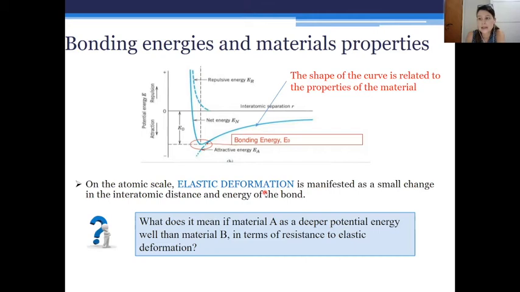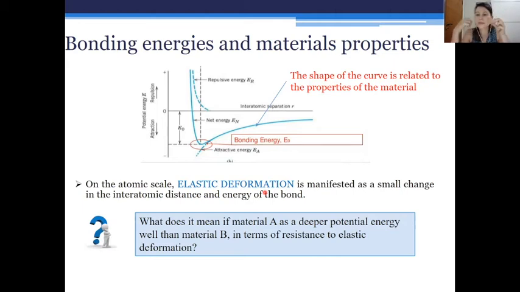So what is elastic deformation? During this class, when we talk about mechanical properties, we will go deeply into the understanding of elastic deformation, but basically it is manifested as a small change in the interatomic distance and energy of the bond. It is when we stretch a material, and a typical example of an elastic material is rubber.